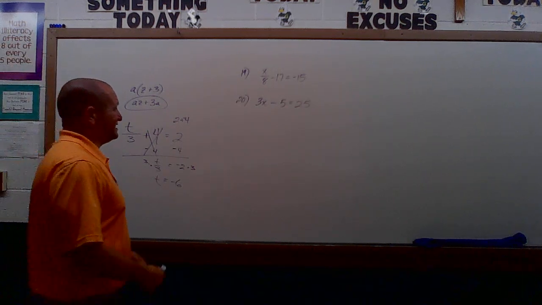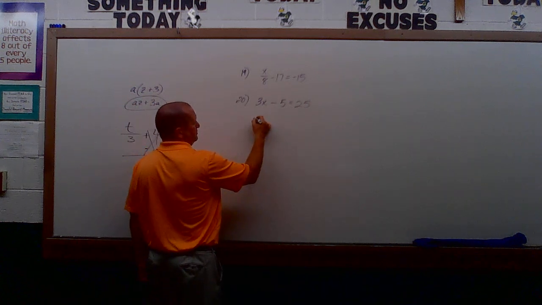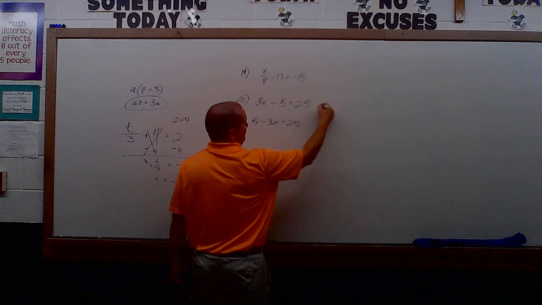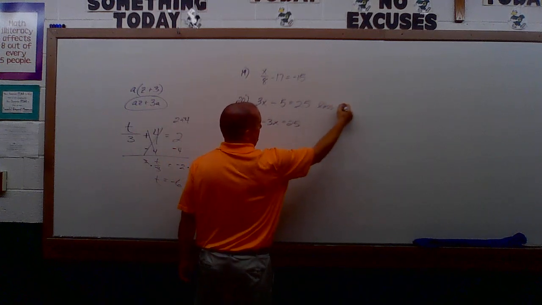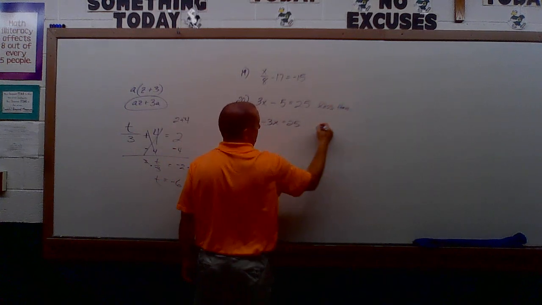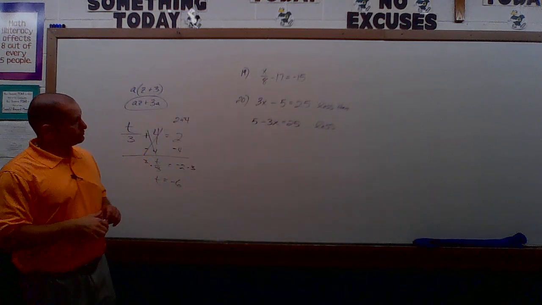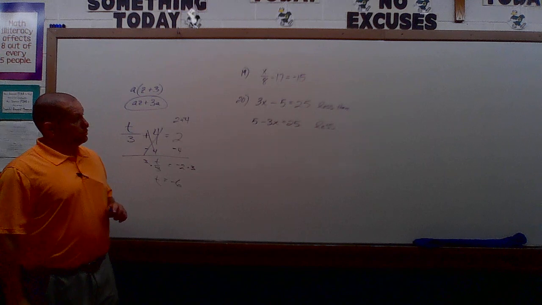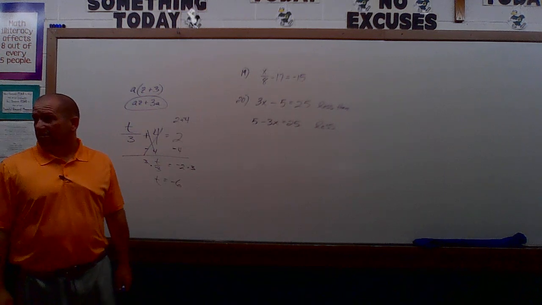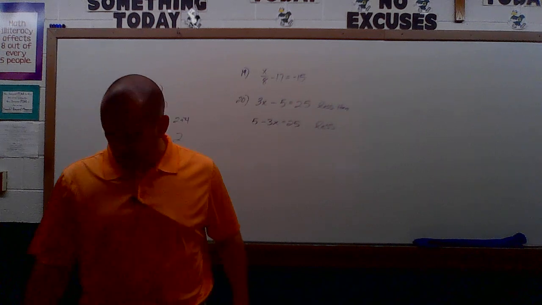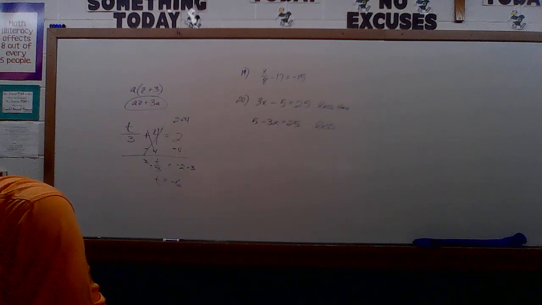If it said less, then we would have done this: subtract 5. This was less than, this is less. The only thing that really changes is that the 3x is going to be negative, so it would have turned into negative 10. Yeah, exactly. Okay. How about 24?